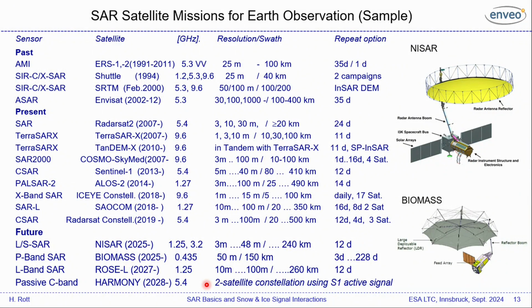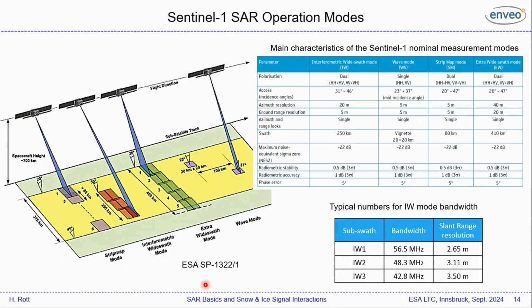It's called Harmony, and they also will have a capability to produce digital elevation models, because they have two passive SARs, and then you have single-pass interferometry. So also on glaciers, and of course there's still the penetration problem, but anyway, it's useful. But this will also be of interest for snow and ice, but also for many other applications.